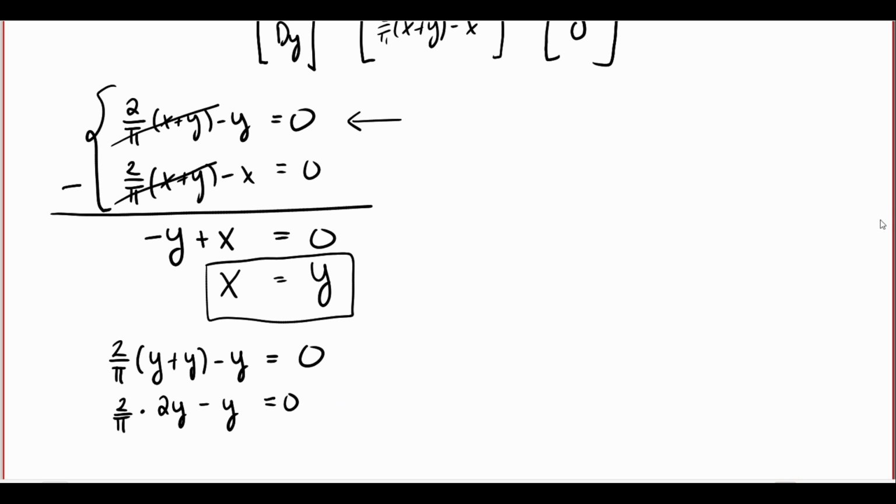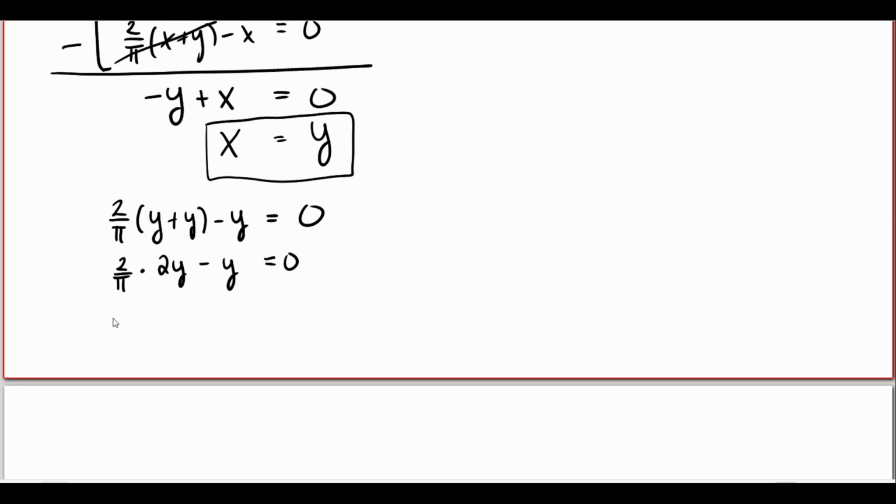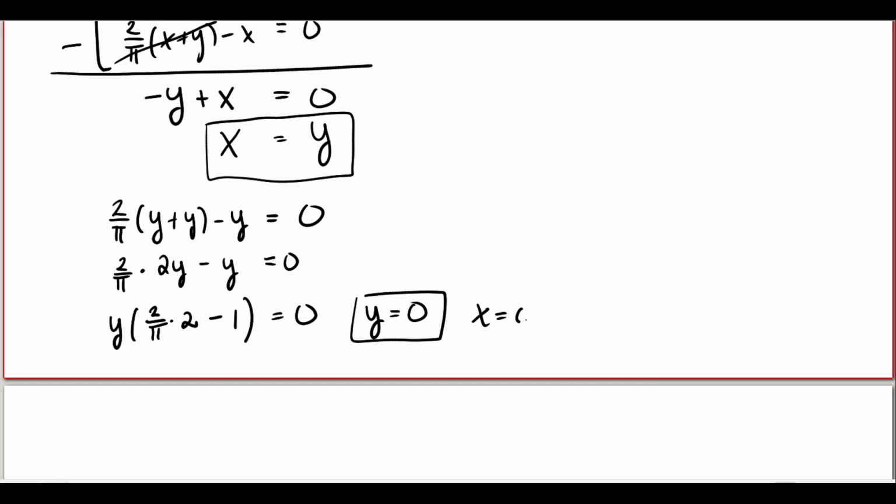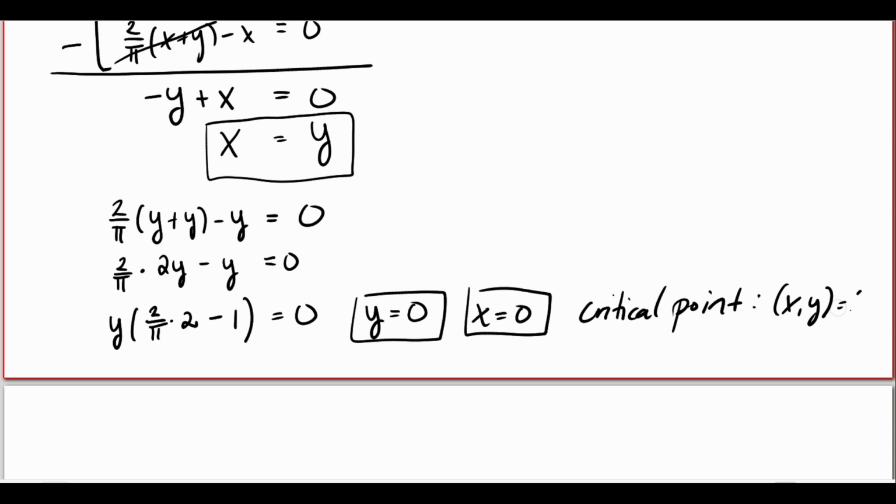And then if we factor out y, we get 2 divided by pi times 2 minus 1, which is 0. And then we can see that y has to be 0. Okay, so that means x has to be 0 also. So we have a critical point which is x and y equal to 0, 0.